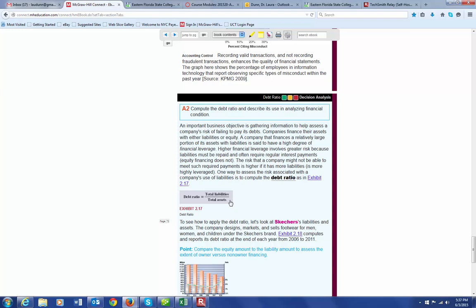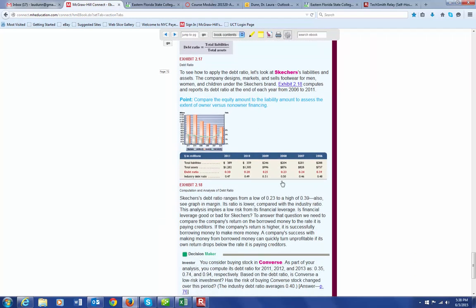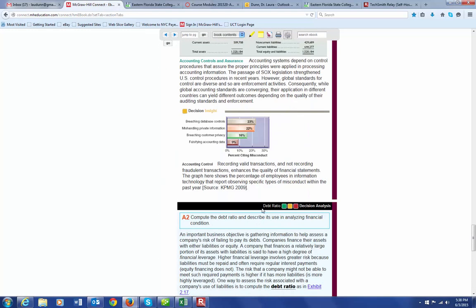Most important thing here is really understanding what are liabilities and what are assets, but you can take those again from your trial balance or from your balance sheet and take your total liabilities and then divide it by the total assets, and that number that you come up with is what is considered your debt ratio. And as I said, we will be using that. Here's another example of that, and we'll be using debt ratio in some other transactions throughout the semester.